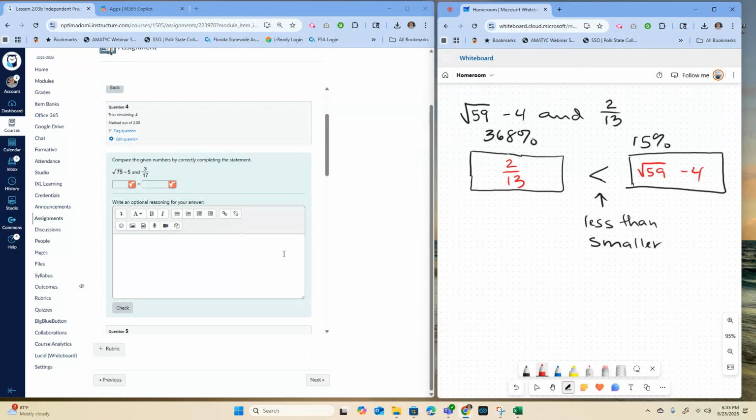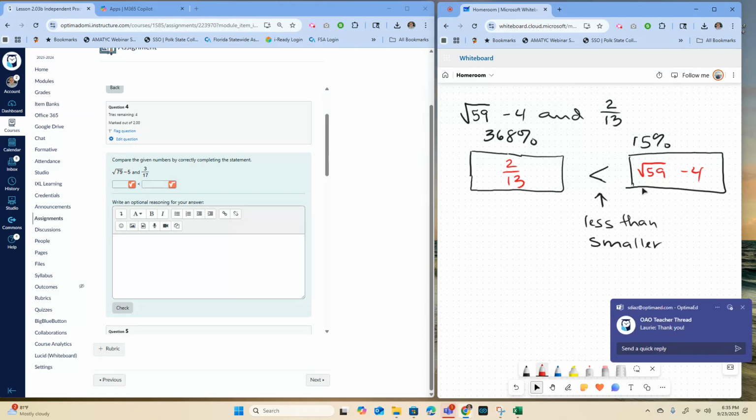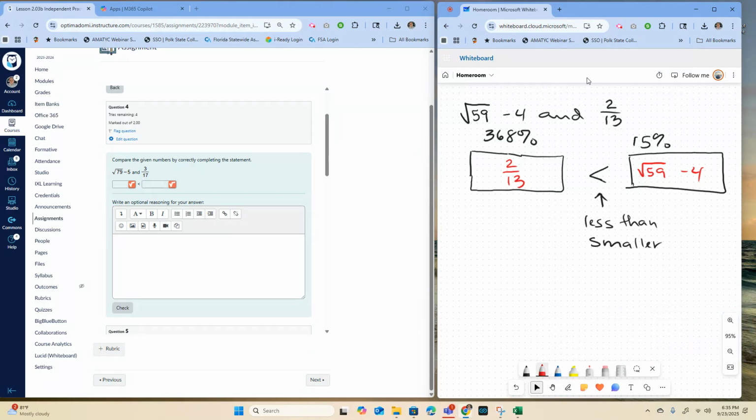So again, look how I compare the two numbers using percentages. But when you write your answers in the boxes, you write the original numbers, not the percentages. Okay? And that's how you do problem number 4. Let's go to the next one.